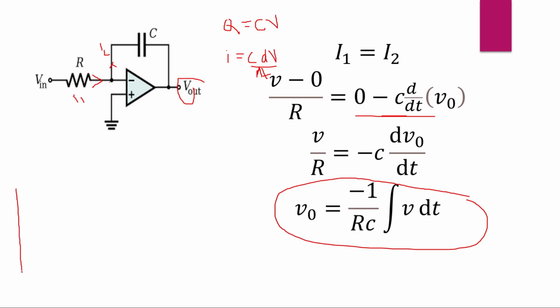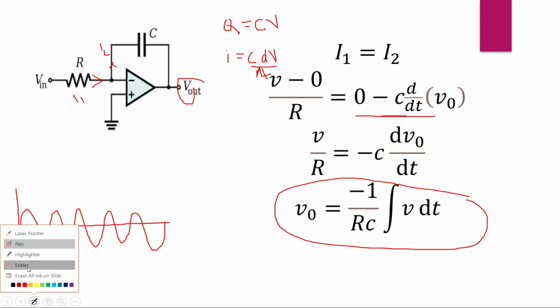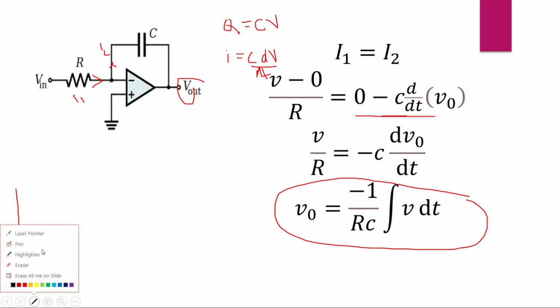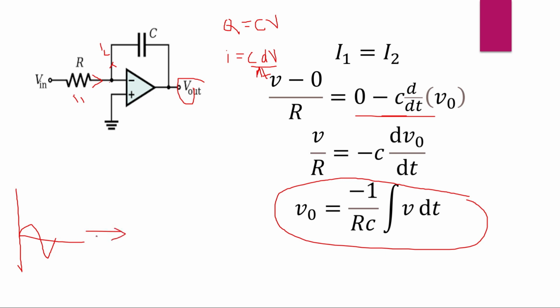It means if we give a sinusoidal signal as input to one end, we will get an output such that the input is sinusoidal, and on performing integration with the help of the op-amp, we get the integration of sine.